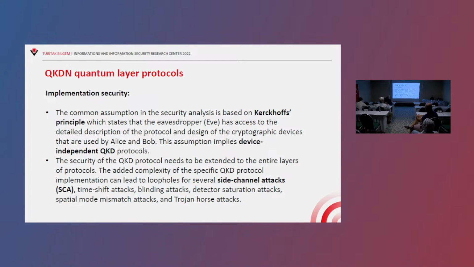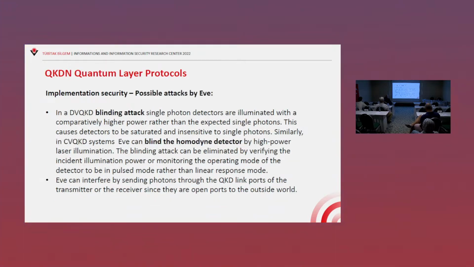In implementation, because of the loopholes, there are always insecure means that Eve would use to intercept this communication. I'll show these things in a separate slide, so I'm going to skip these for the sake of time.